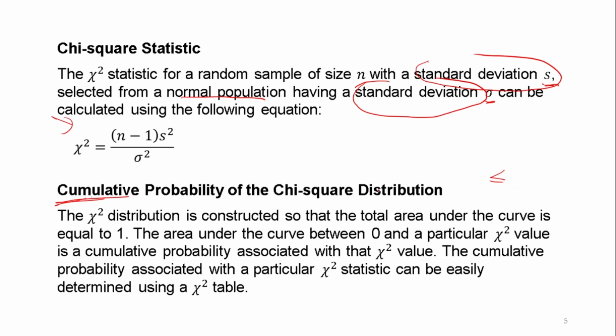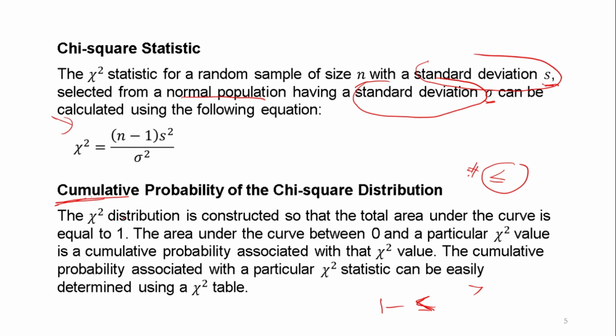But if the question wants greater than, you need to do 1 minus, and exchange the symbol to less than or equal to. Because for cumulative, the symbol should be less than or equal to. It's very important.